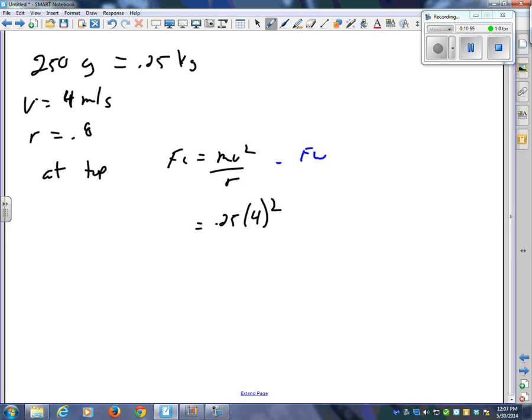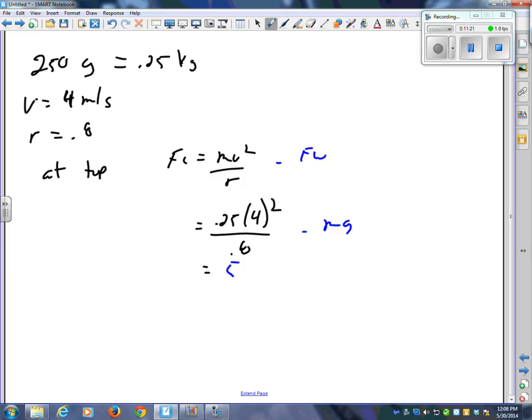Oh, we got everything here. This is nice. So 0.25 times 4 squared divided by 0.8. I get 5. Do you get 5? Yeah, I got 5. Okay, and then we're going to subtract mass times gravity.